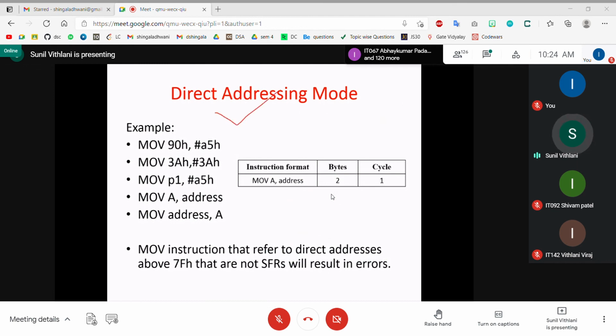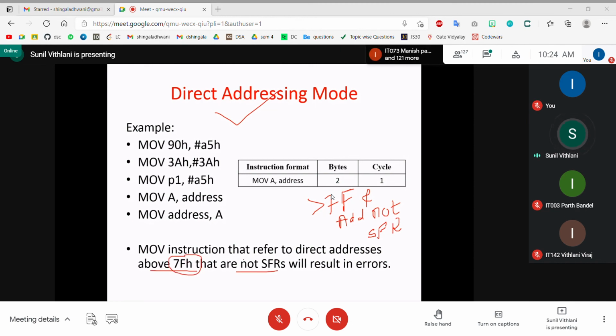While using a direct address, if you are using address greater than 7F and that address is not the address of any special function register, then error will be generated.